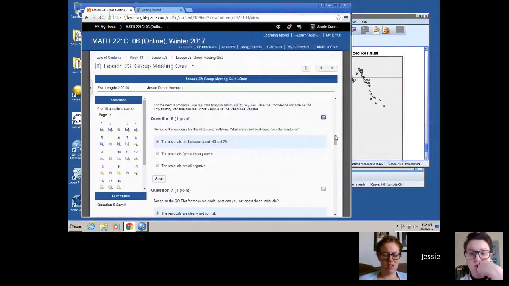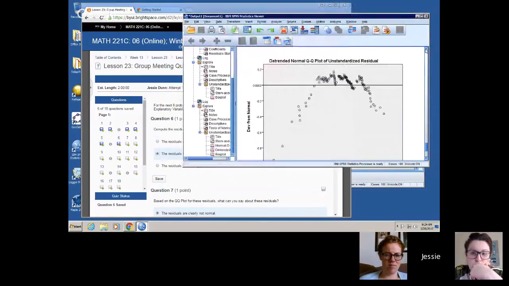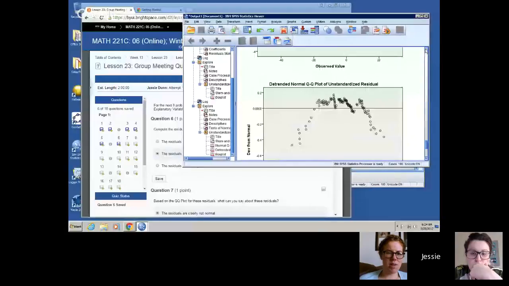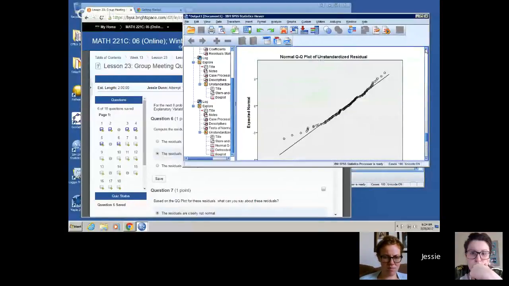Okay, the residuals are all negative, which is. Okay, I think you're right. The residuals form a linear pattern because. Let me look at it again. I don't remember. But this is not a residual. Wait. This is, oh, I don't know. I gotta re-listen to the lesson. Apparently, I'm confused.